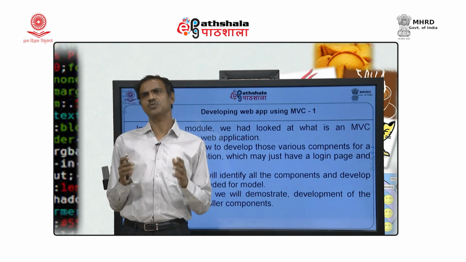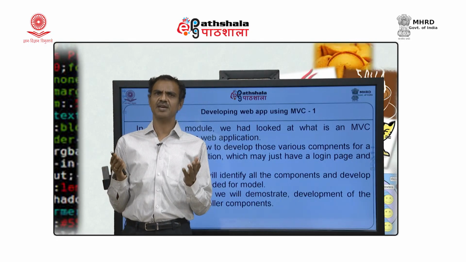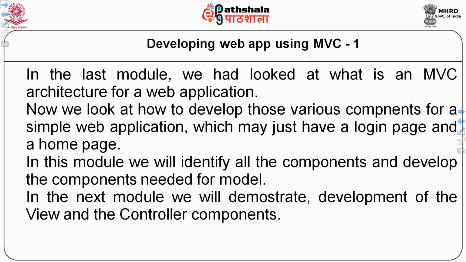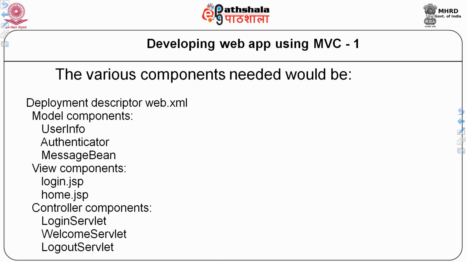And of course, for any web application, we always have our deployment descriptor in the form of a web.xml file. So, here are the various components which will be needed.